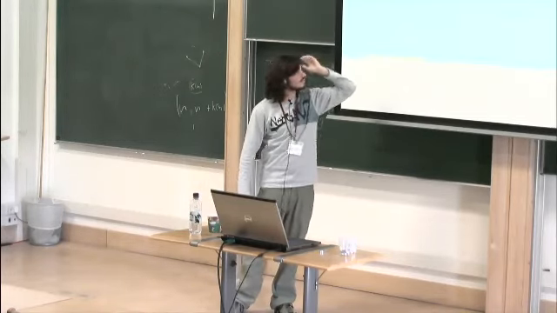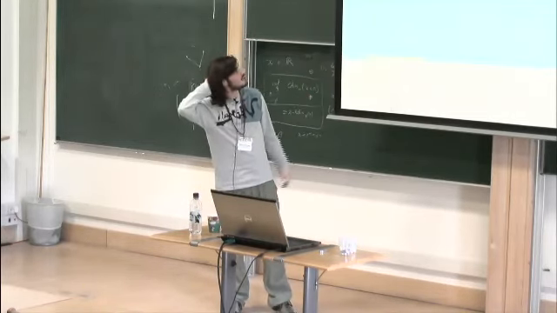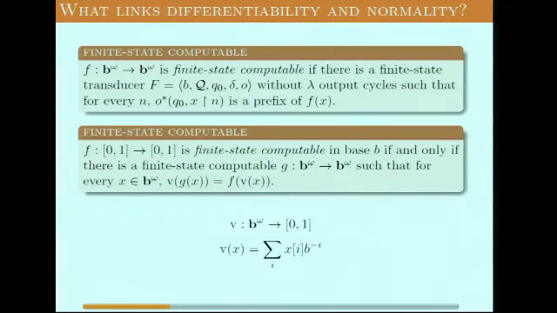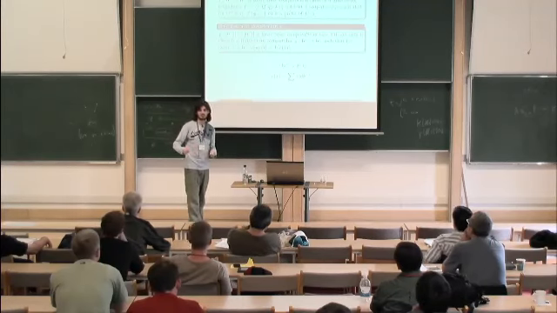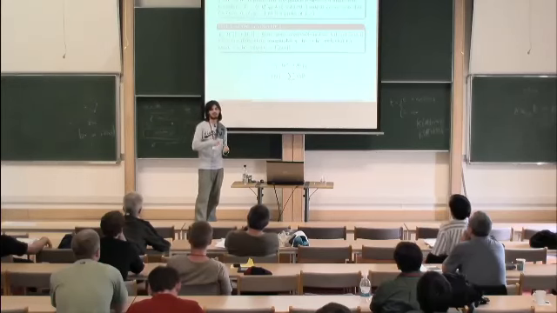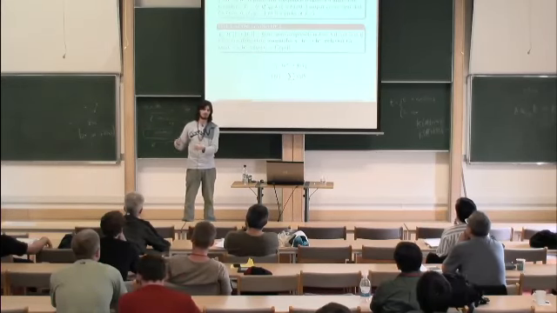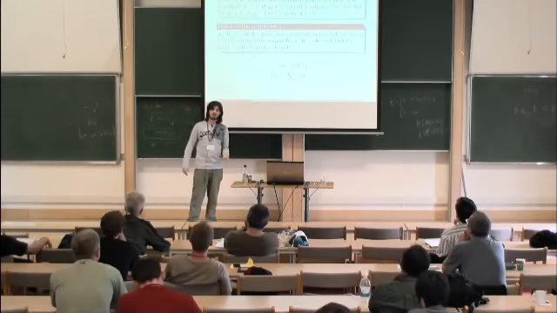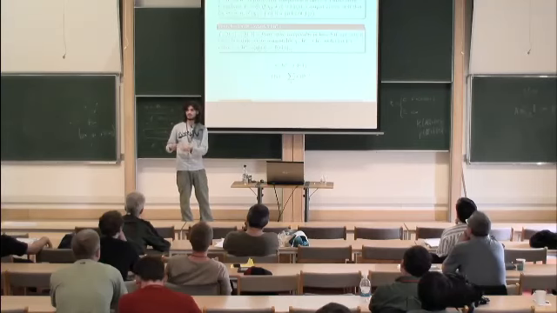Also, this is a machine, and the function it represents is this, and we call a function from infinite sequences to infinite sequences computable if there is a machine that computes it. For functions on the reals, we say there's a machine that computes it, but we ask that if we input different representations of the same real, then we don't necessarily get the same output, but two outputs that are also the same when seen as real numbers.